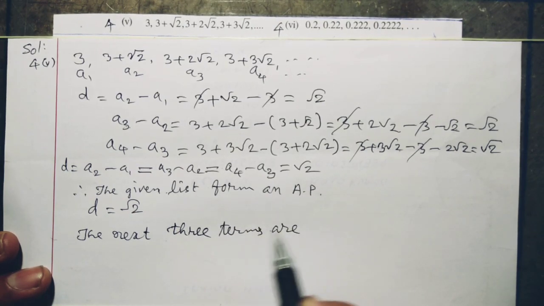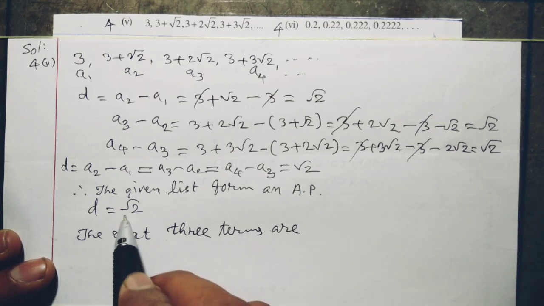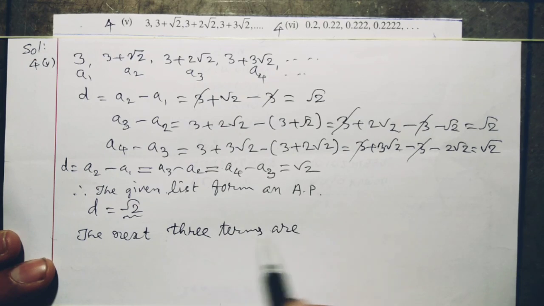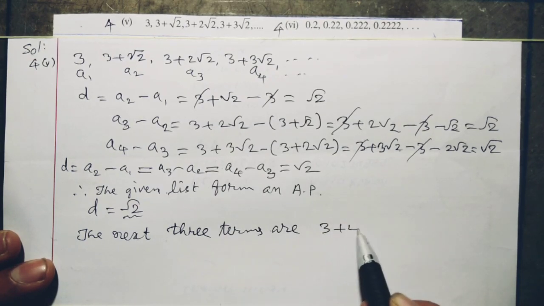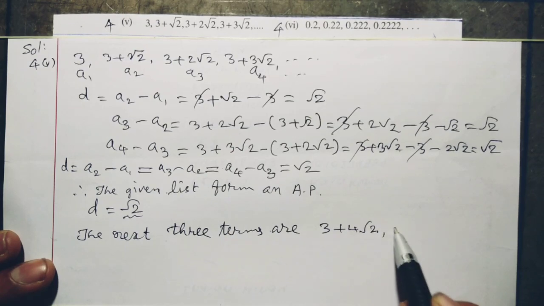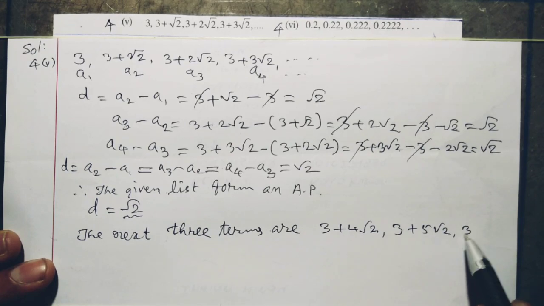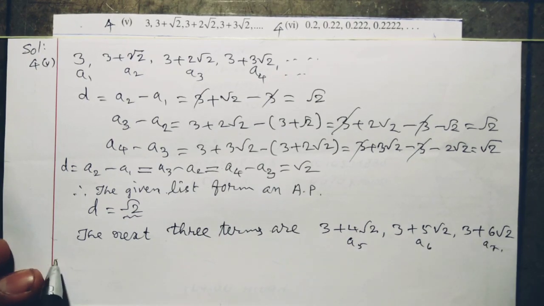We have to add root 2 to the preceding term. The next three terms are 3 plus 4 root 2, 3 plus 5 root 2, 3 plus 6 root 2. These are the A5, A6, A7 terms.